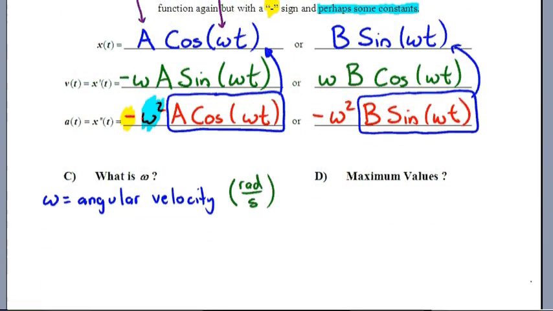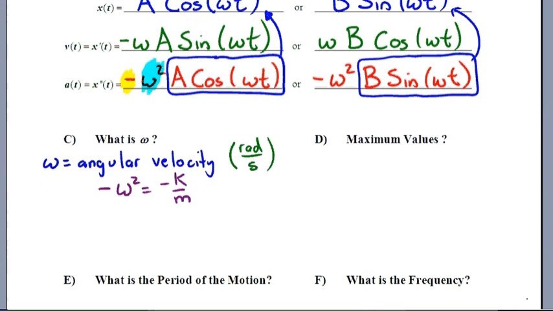So if we put the calculus and the physics worlds together, we get negative omega squared is equal to the negative of k over m. The left side comes from the calculus. The right side comes from Newton's second law. Well, you don't need the minus sign. You can toss that, and then you can take a square root. And if you're wondering, well, what's the right omega that talks about how fast these graphs of the motion are going to bob up and down, then it's going to be the square root of k over m.